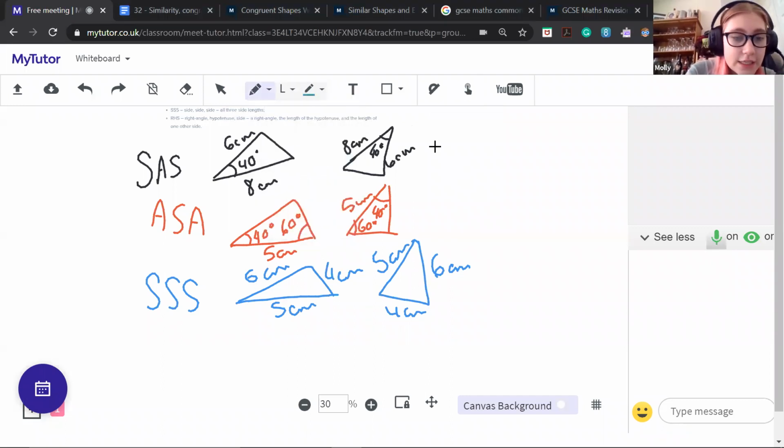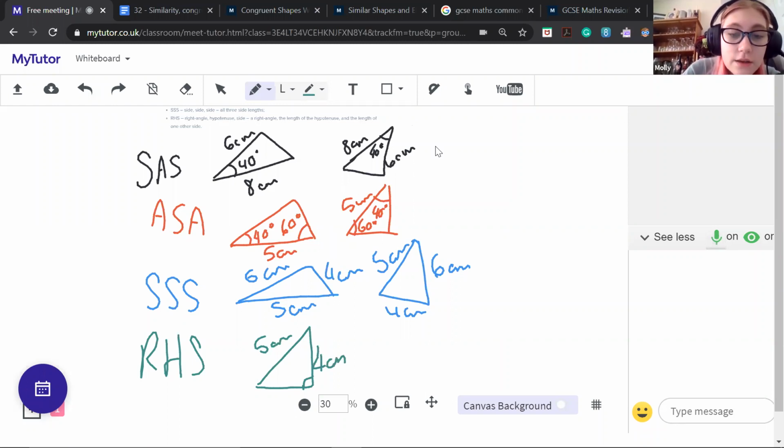So finally, this RHS, this is the right angle and the hypotenuse, and then the other side. If we've got a right angle triangle and we have the length of the hypotenuse and either of the other sides, and we'll draw the same one here. This one.